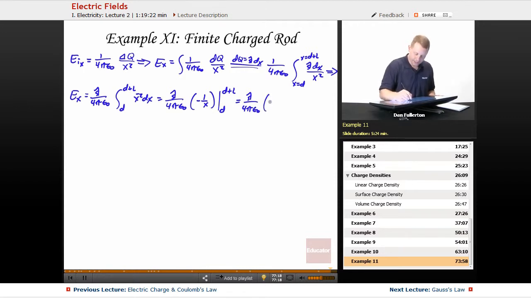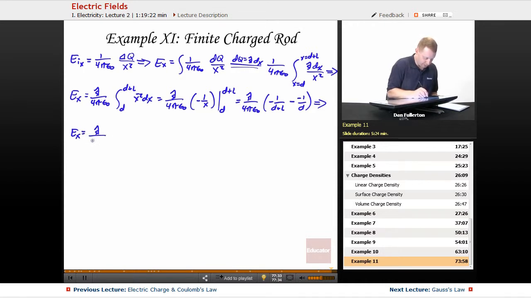Substituting in, we have negative 1 over d plus L minus negative 1 over d, which implies then that the electric field in the x direction is lambda over 4 pi epsilon naught. And doing a bit of rearranging here, putting a common denominator d times d plus L, well, let's write that down here first, d times d plus L.